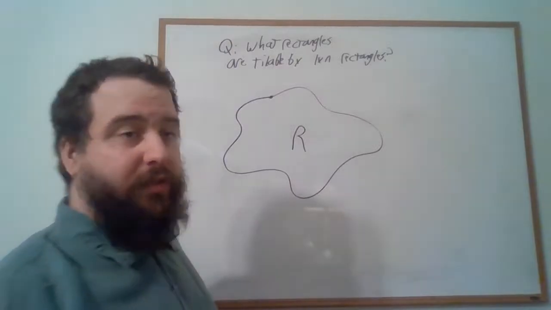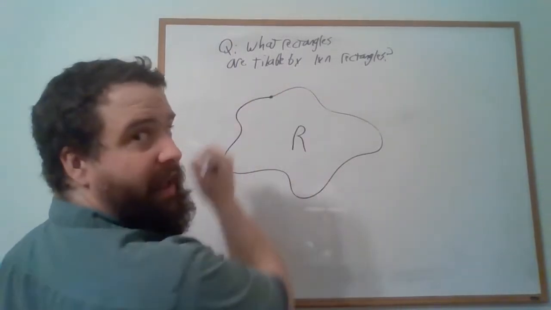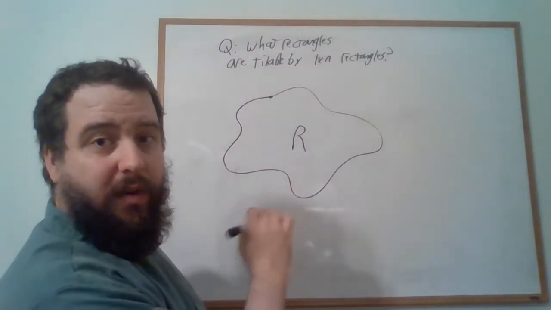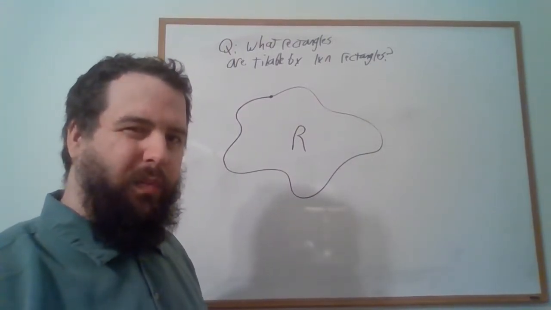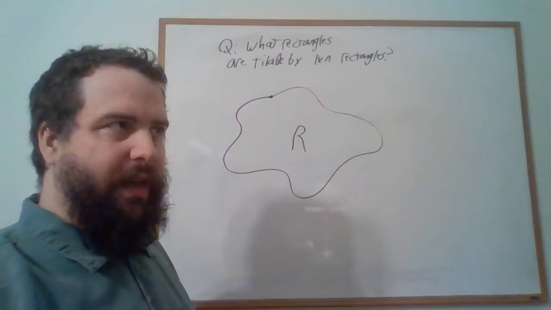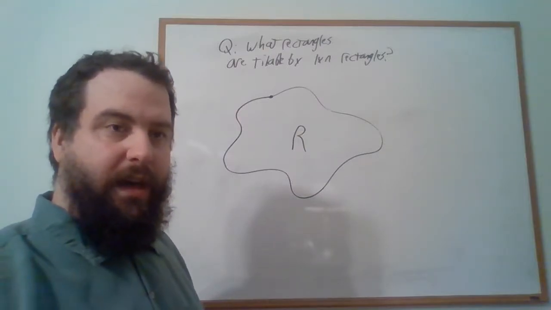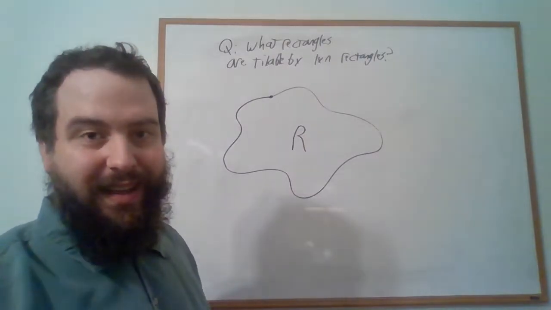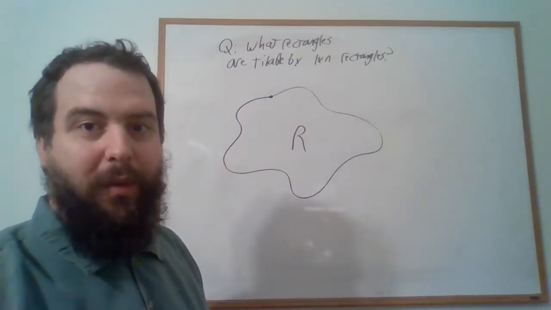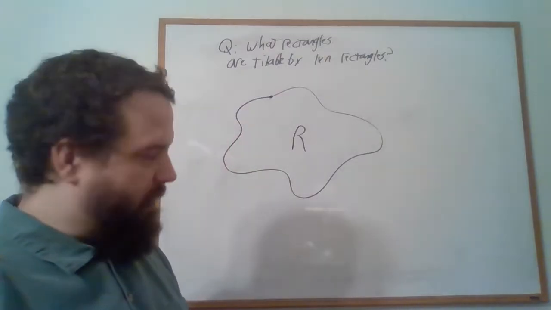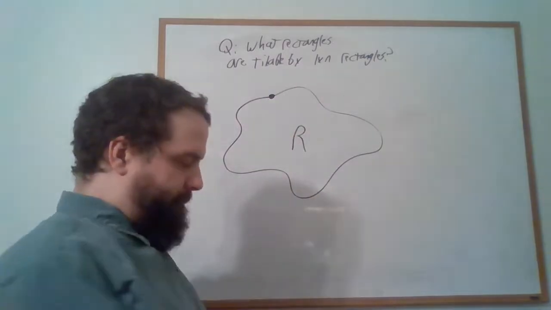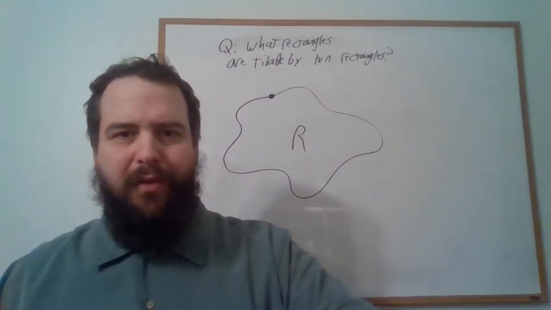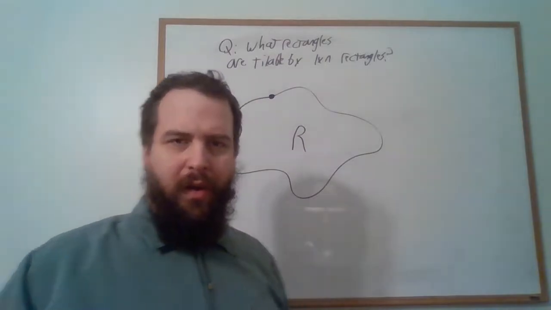So here we have a region R. I've marked off a specific point where we can start and end our rolling. It doesn't actually matter which point you pick. It turns out that this definition is well defined in the sense that you don't need to worry about what initial point you pick. So let's pick here, and mark that out so we know when we've rolled all the way around.